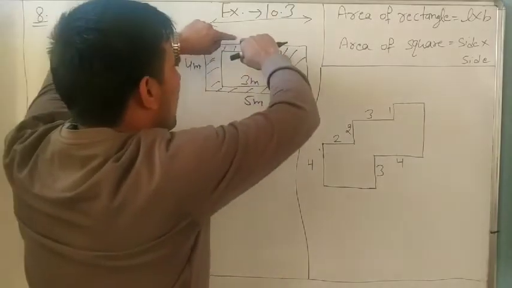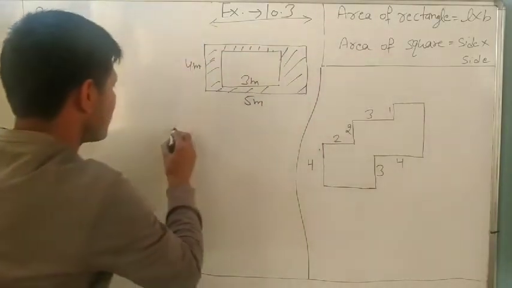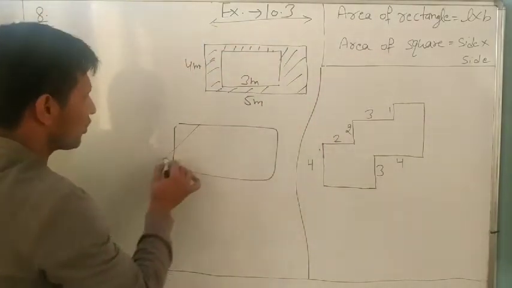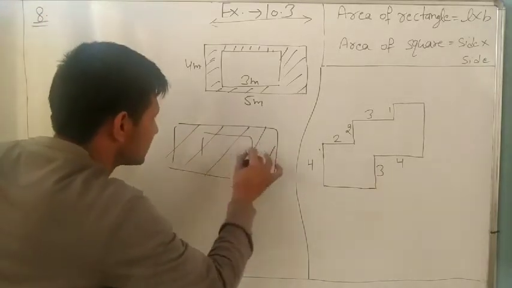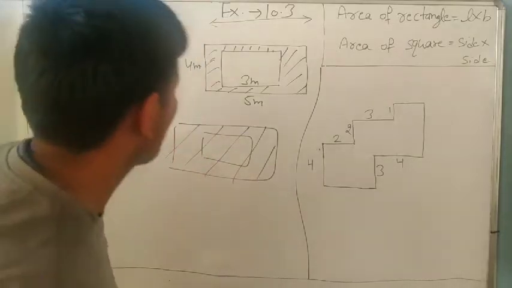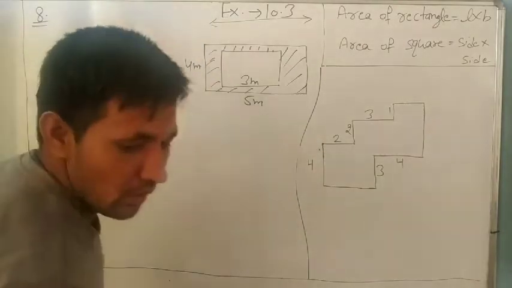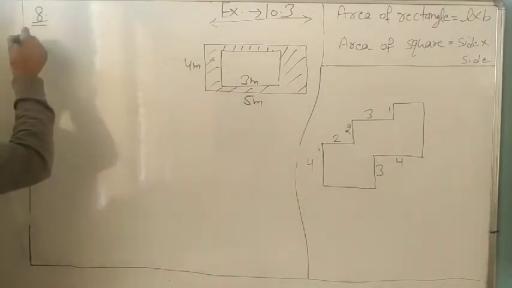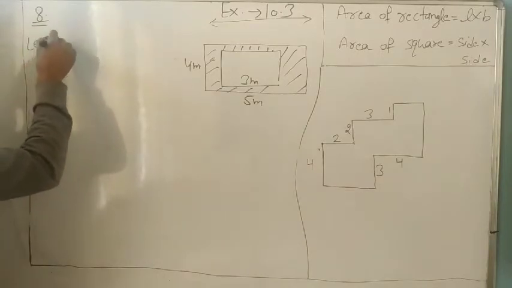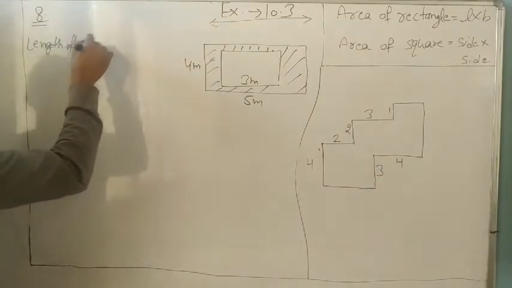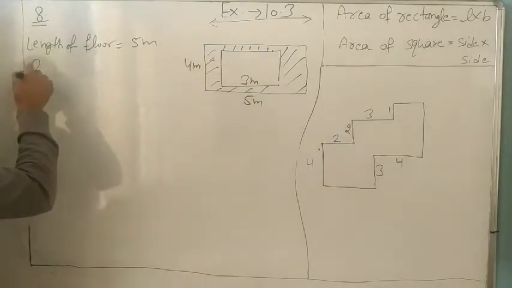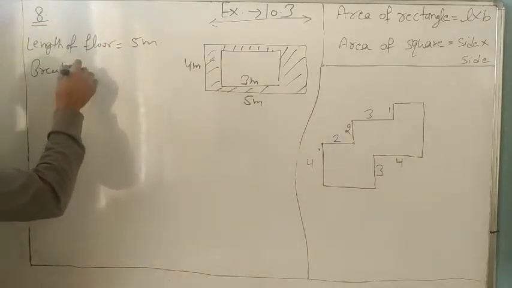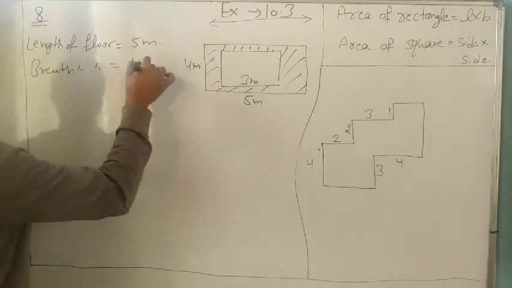First we will find the total area of this room, the total area of this floor, minus the area of this carpet. So we will write: length of floor 5 meter, breadth of floor 4 meter.